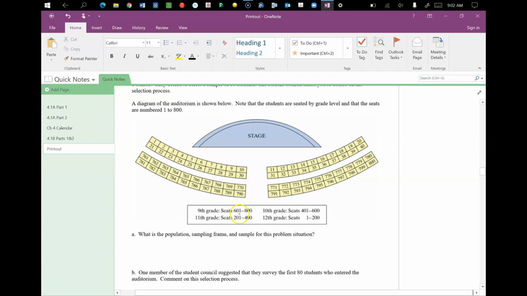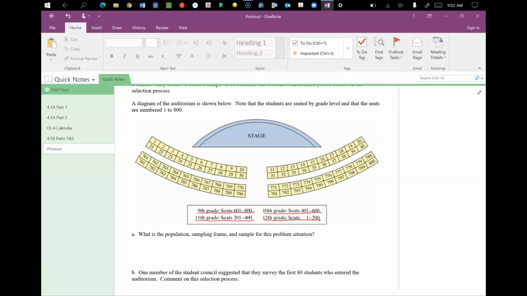All right, so let's see what we have here. We have ninth graders, 200 of them. From 601 to 800, we have 10th graders, conveniently, 200 of them. From 401 to 600, we have 11th graders, from 201 to 400, 200 of them as well, and 12th graders from 1 to 200. So we have equal numbers of 9th through 12th graders.